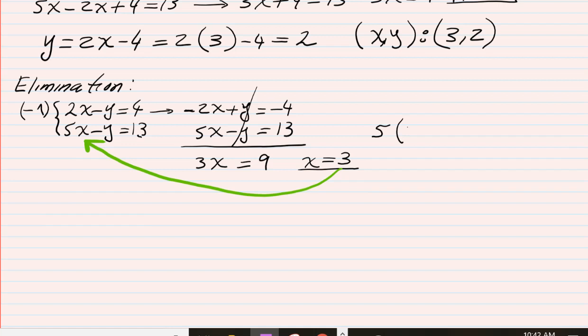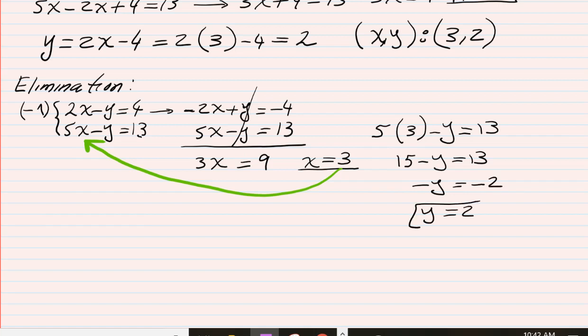Plug in 5 times 3 minus y is 13. 5 times 3, sorry, I know it's not 12, it's 15. And subtract 15 from both sides, we get negative y equals negative 2, which means y must be 2. So you can see again, we got the exact same solution as we did before.